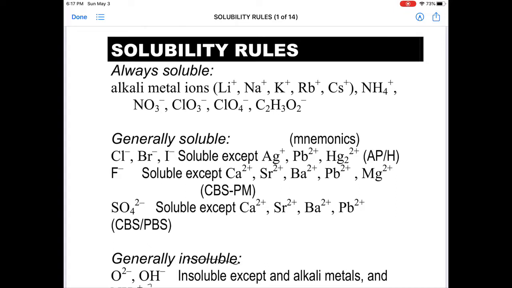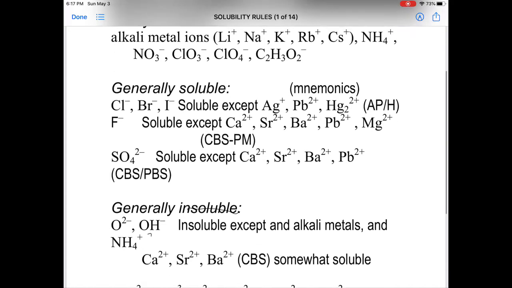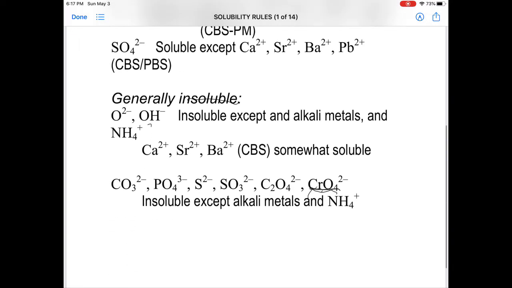Fluorides are soluble except if they're bonded to calcium, strontium, barium, lead 2, magnesium. Sulfates, and I'm not going to read all these to you, you can look at them.